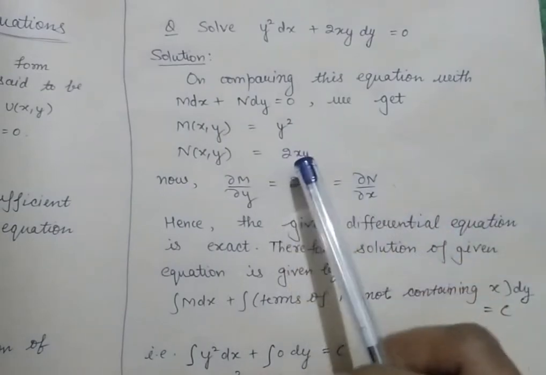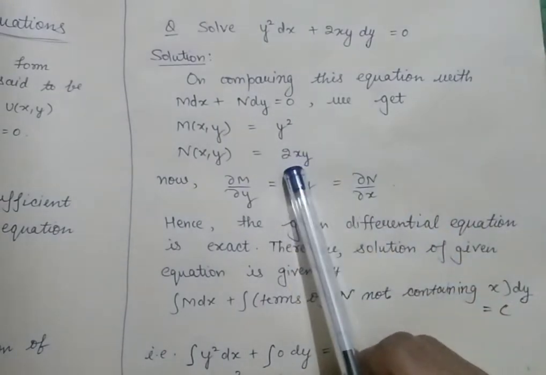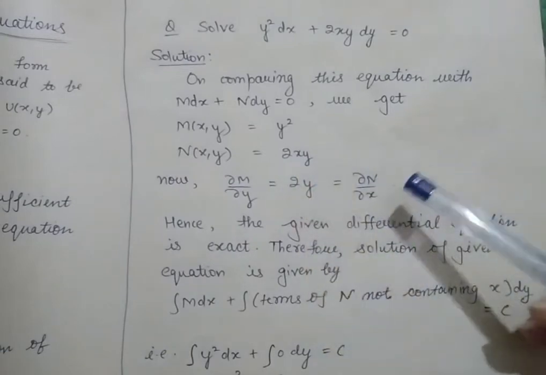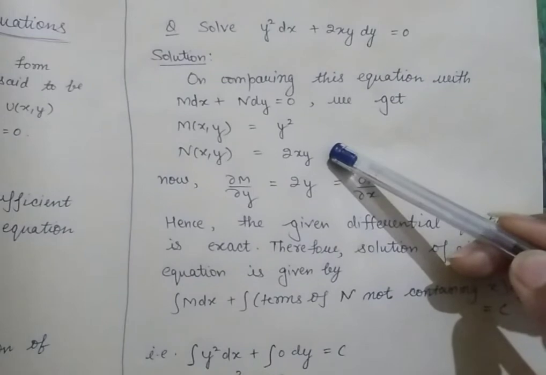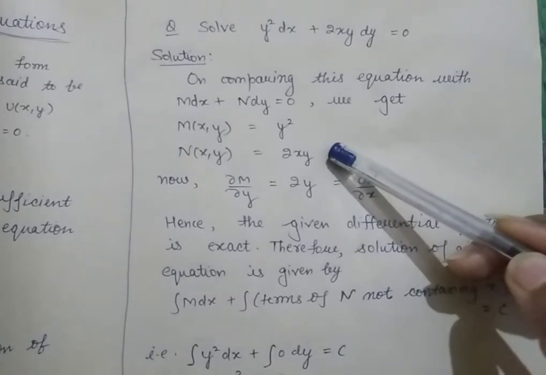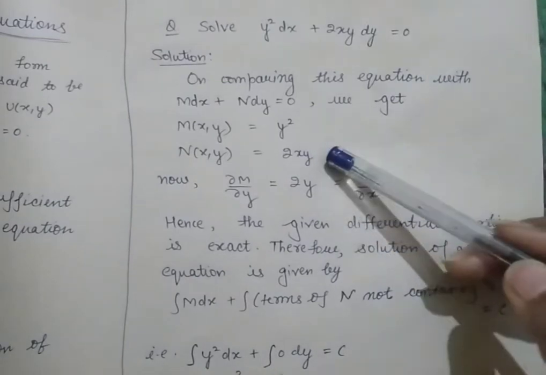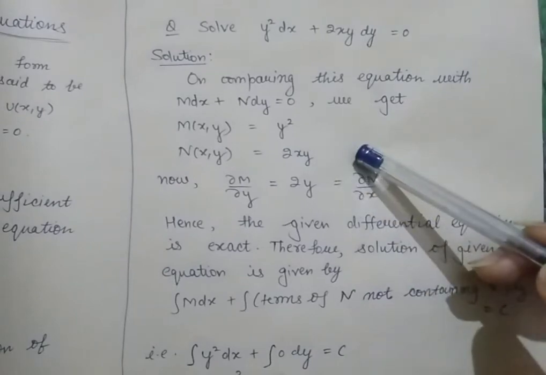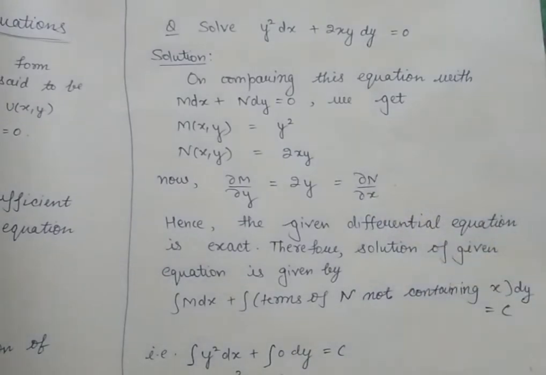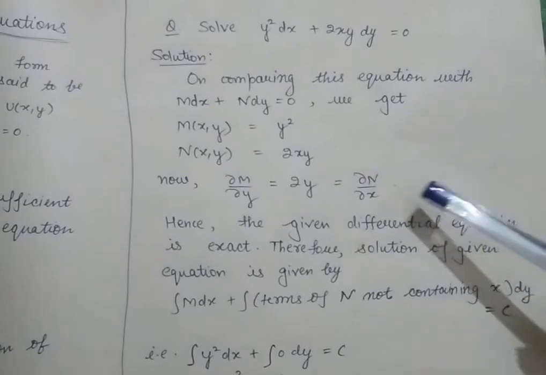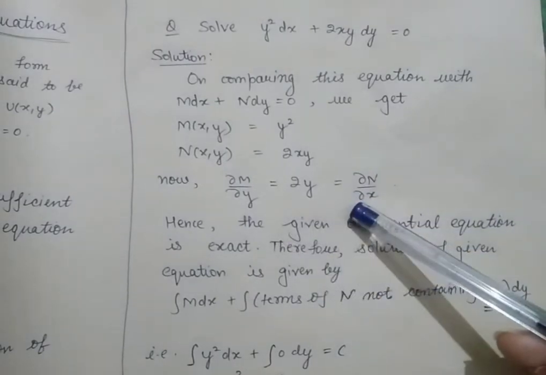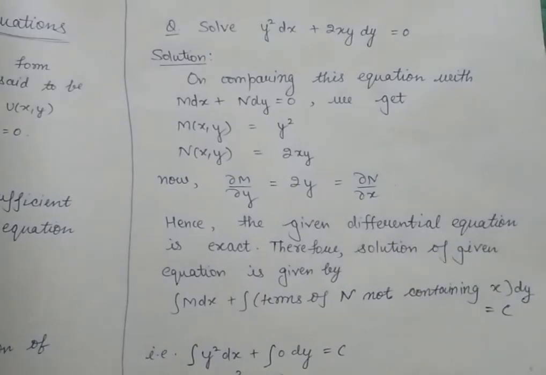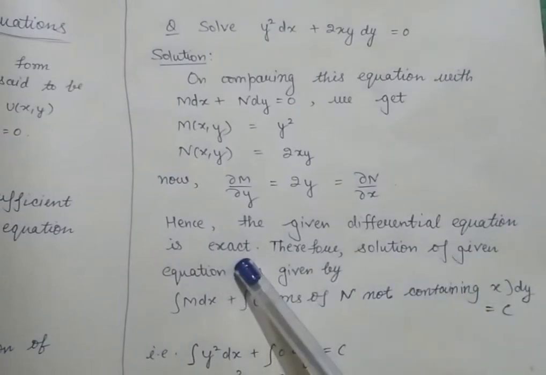And we differentiate N with respect to x, which is 2y again, taking y as a constant. So here ∂M/∂y is the same as ∂N/∂x. Therefore, the given equation is exact.